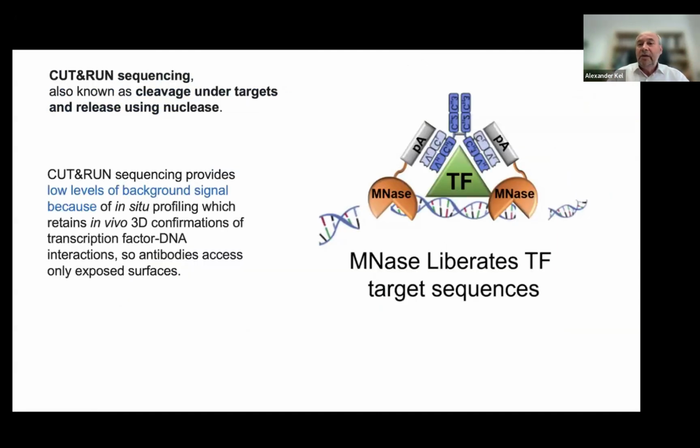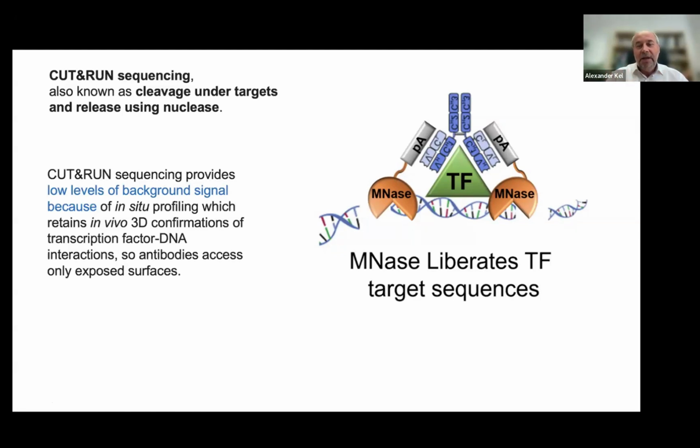And then there is another technique which appeared quite recently, called CUT&RUN, and it's based on the modern techniques of cutting DNA, which are very popular now. I will not go into biochemical details of how it happens, but it's more or less similar to ATAC-seq or ChIP-seq, using antibodies which are attached to a special enzyme which cuts DNA.